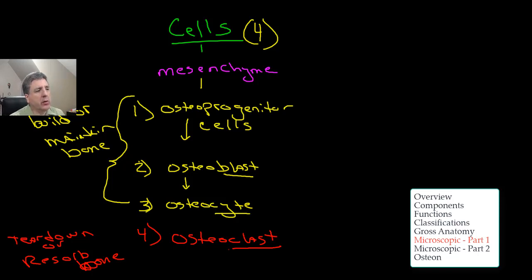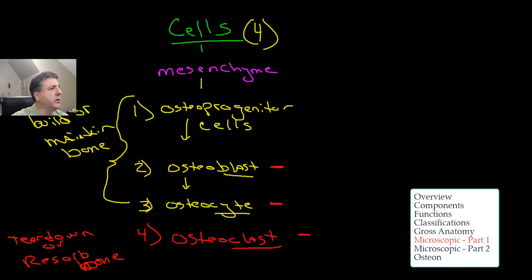So let's look at a couple of these other cells and find out what they do. We know that the osteoprogenitor cells lead to an osteoblast, but I'm going to focus primarily on the osteoblast, osteocyte, and osteoclast. Those are the ones we're going to be really focusing most of our time on. In a second, we'll also talk about the matrix.